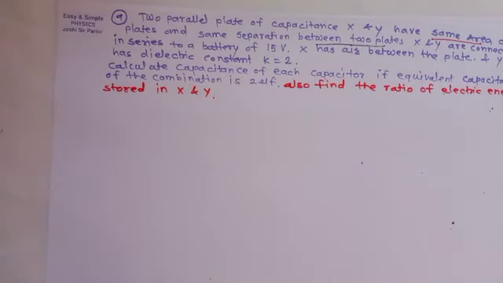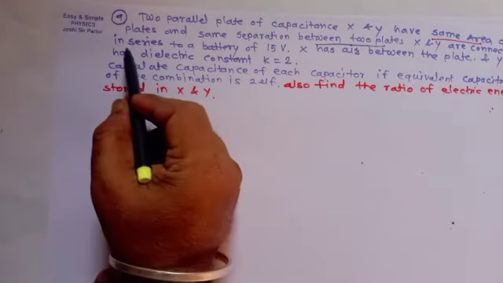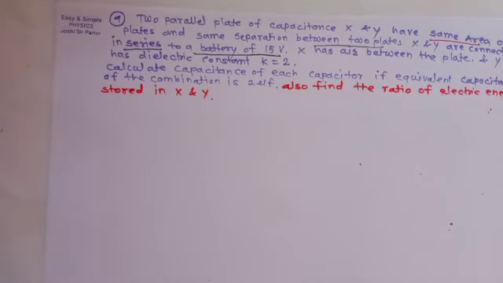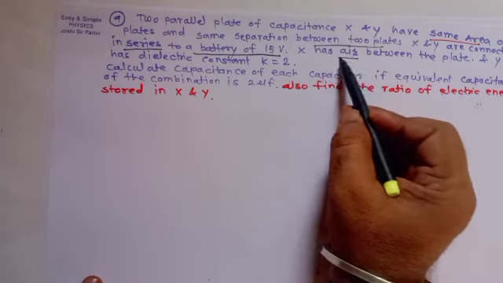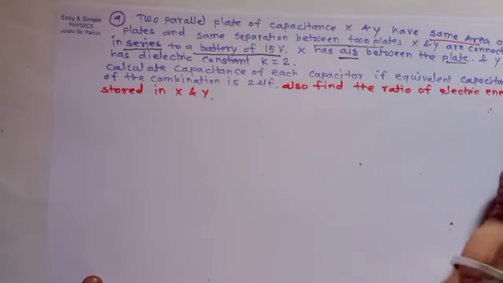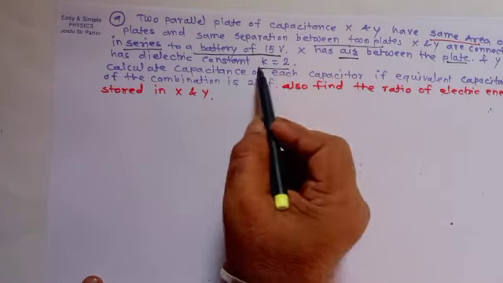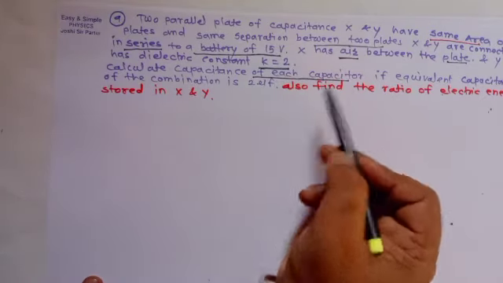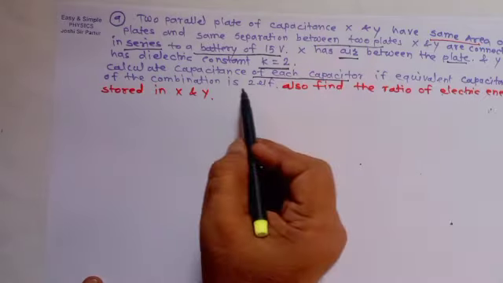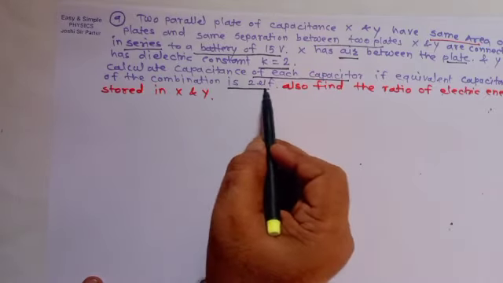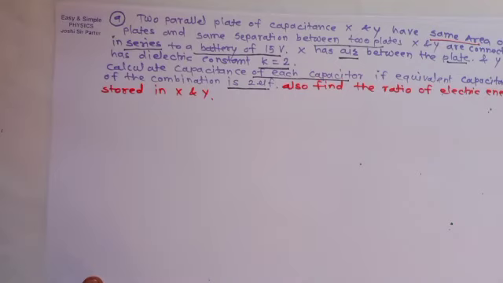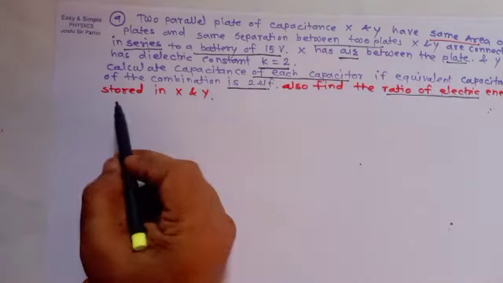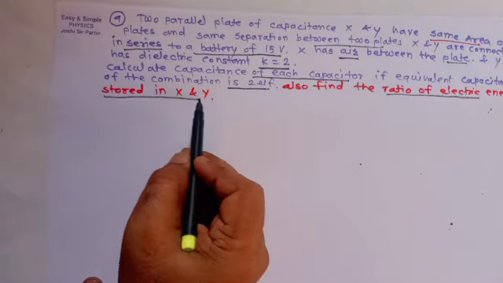X and Y are connected in series combination to a battery of 15 volt. X has air between the two plates and Y has dielectric constant 2. Calculate the capacitance of each capacitor, if the equivalent capacitance for the given combination is 2 microfarad. Also find the ratio of electric energy stored in X and Y.